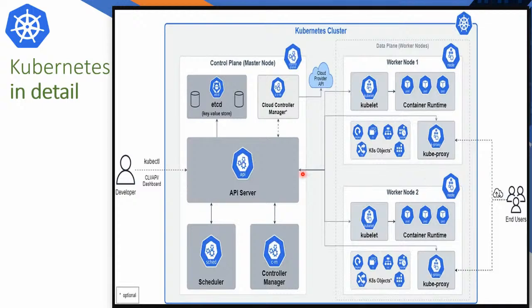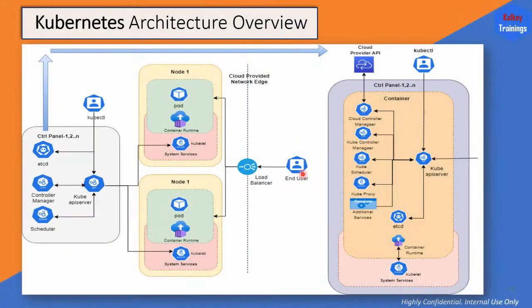Let me go ahead; more and more things will get clear. Now, I can approach my architecture from any end. I can come from the end user part, or from the development part, or from the control plane.